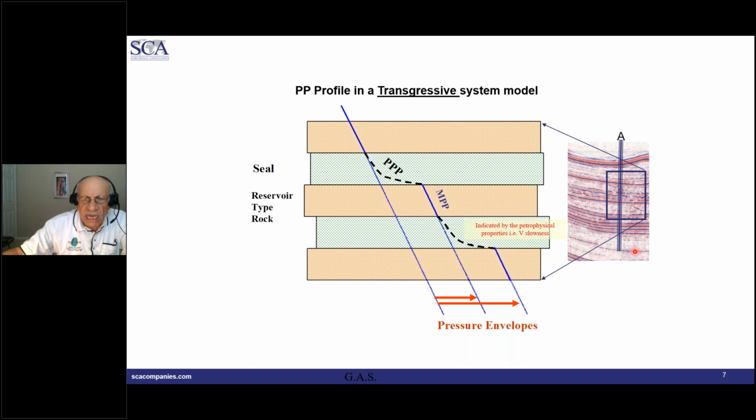If you look at a seismic line, no faults, nothing, just continuous deposition, that's what you're going to see. You're going to see the seal pressure going exponential, the reservoir going linear, exponential, linear. And if you look at the petrophysical properties such as sonic, velocity, or resistivity, you can see the trend.